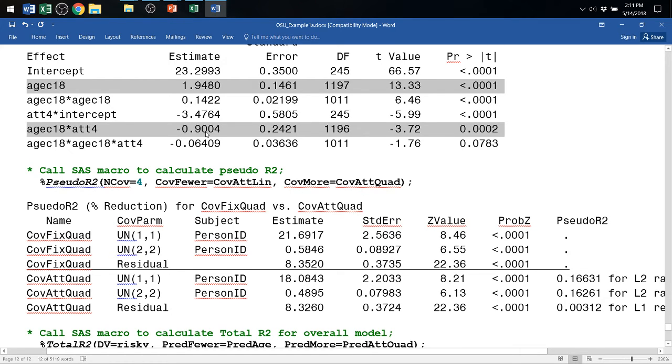The interaction term makes the main effect more positive, less positive, more negative, or less negative. Which is it? Less positive. Very good. So yeah, the linear slope is significant and positive in people who have attitudes of 4. It becomes significantly less positive by 0.9 per unit attitude.